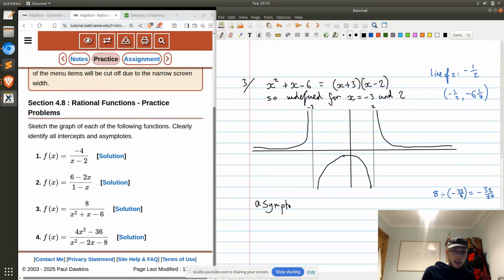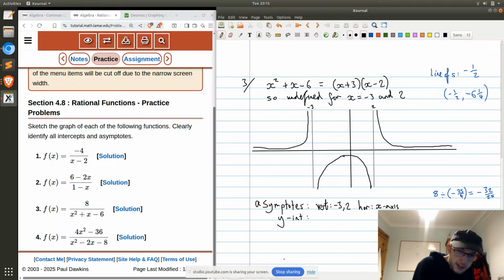So I'm going to be clear here. This is what I'm placing my bets on. The asymptotes vertically are going to be -3 and 2, and horizontally the x-axis. And as for the intercepts, there's no x-intercept.